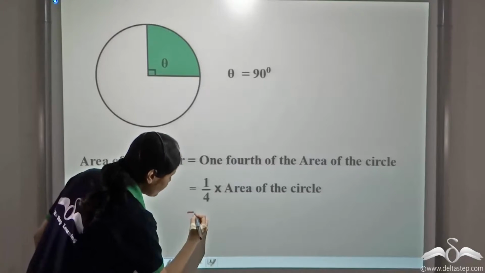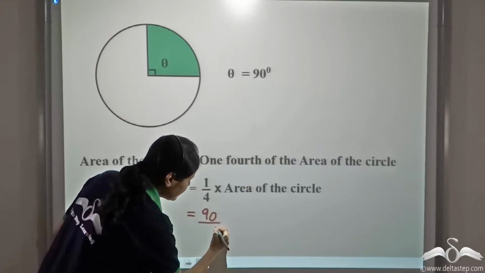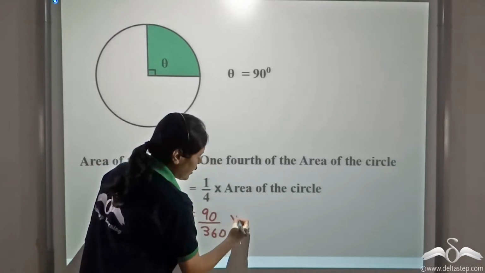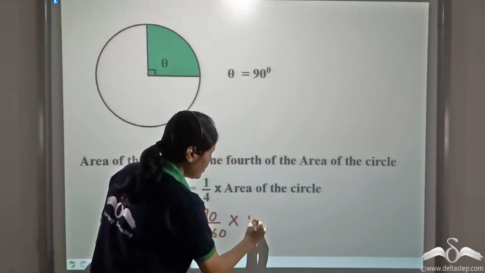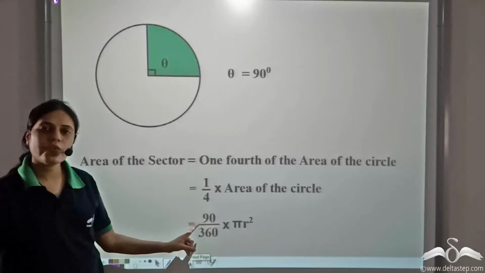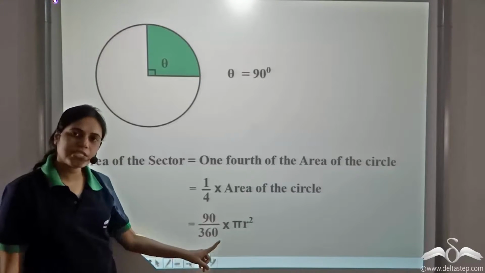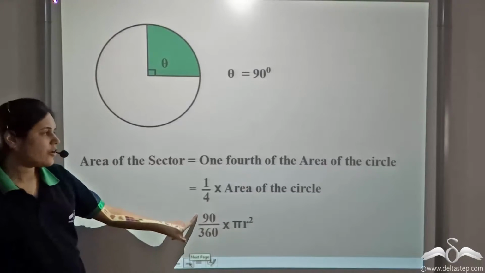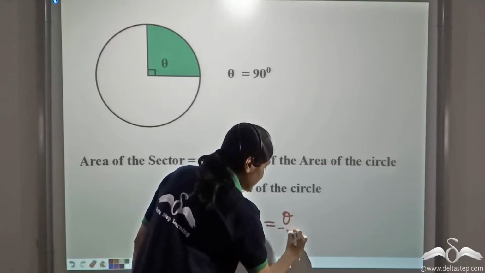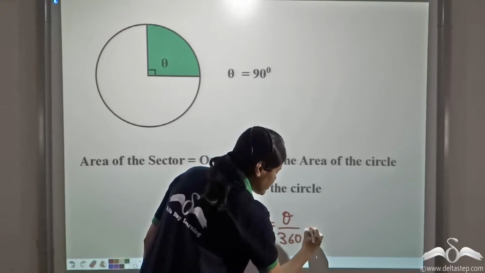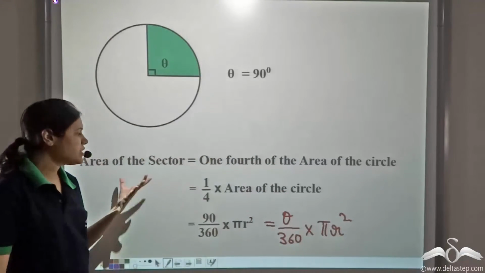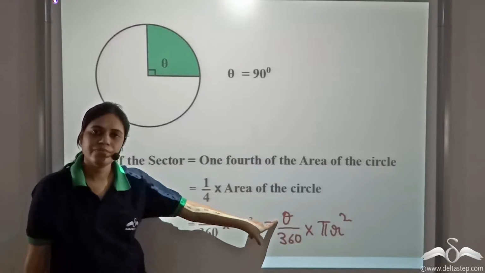Now this 1/4 can be written as 90 by 360 into area of the circle, which is pi r square. So we get 90 by 360 into pi r square. Now 90 is the central angle, so we can write this as theta by 360 into pi r square. This is the area of the sector with central angle theta.